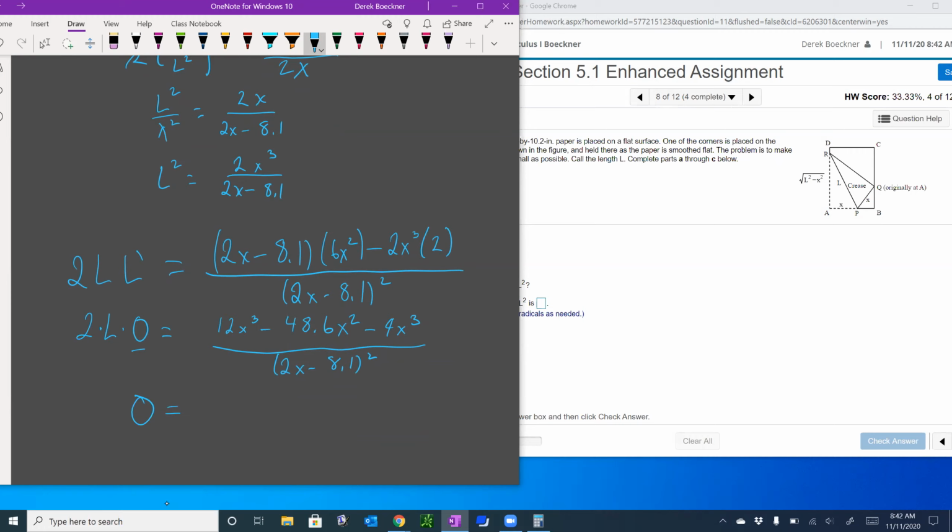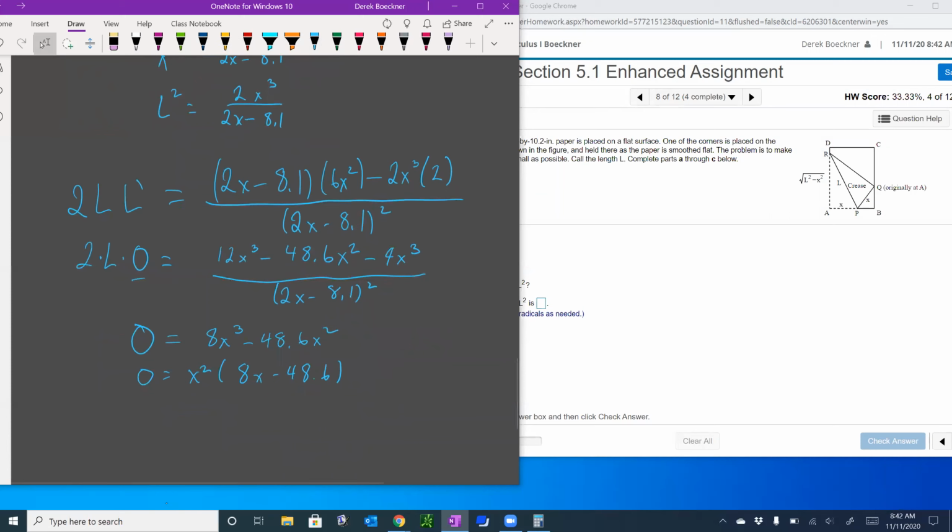And so I've got 8x cubed minus 48.6x squared equals 0. So 0 equals x squared times 8x minus 48.6. So factor out an 8x squared, times x minus, 48.6 divided by 8.